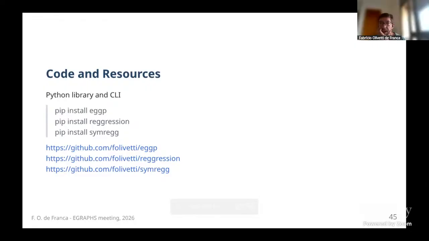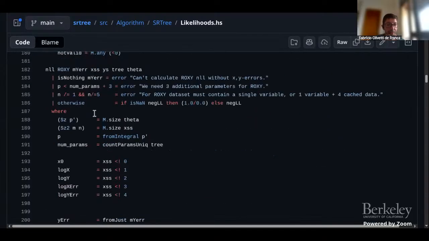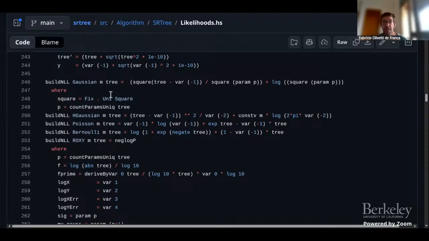Okay, so about the first question, maybe now I can share this other screen here of the code. There are some steps to the process of learning the parameters. First, I have to define the loss function. In this case, we are using the likelihood function. And basically what I do here is this function buildNLL.